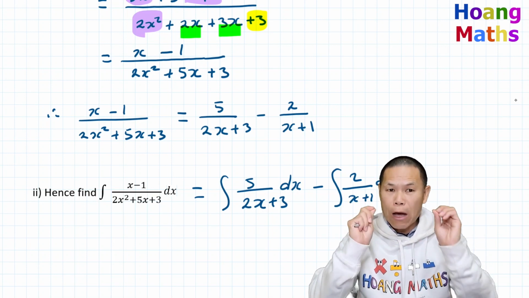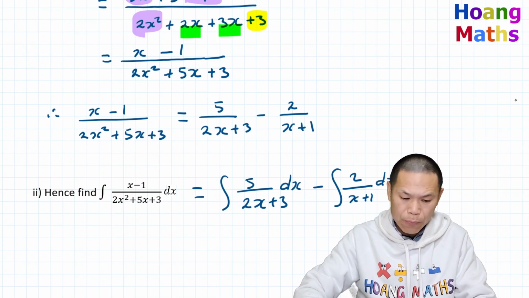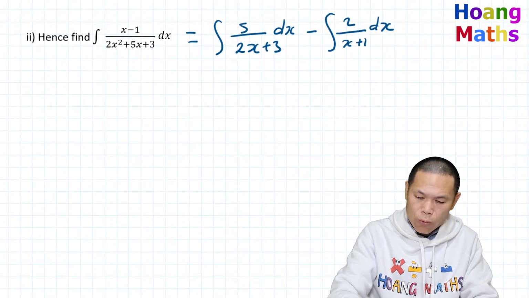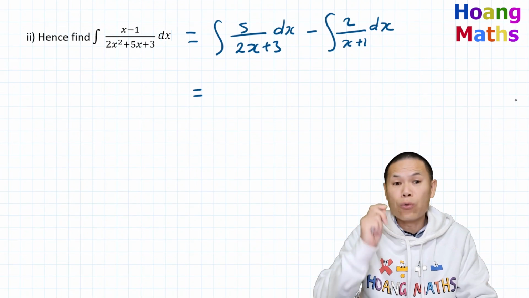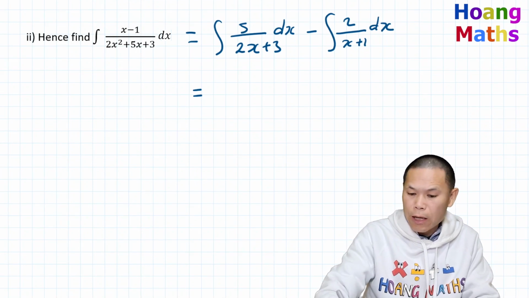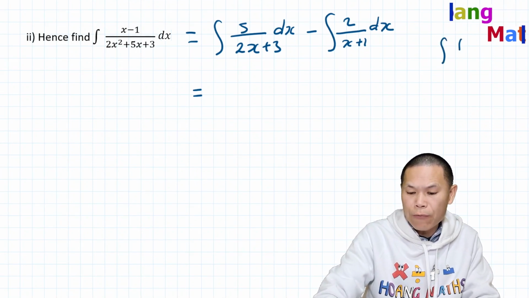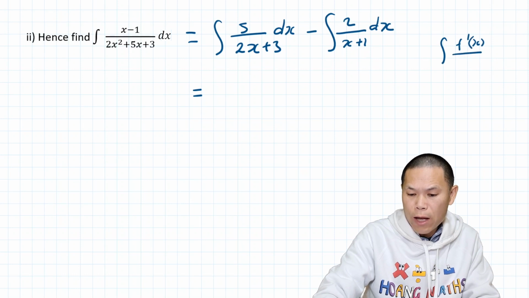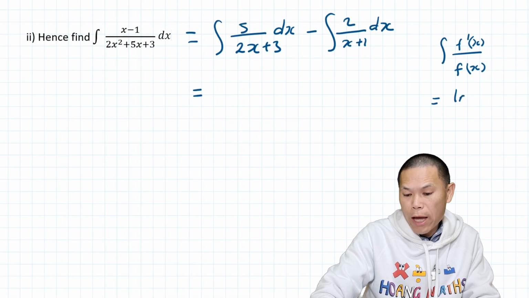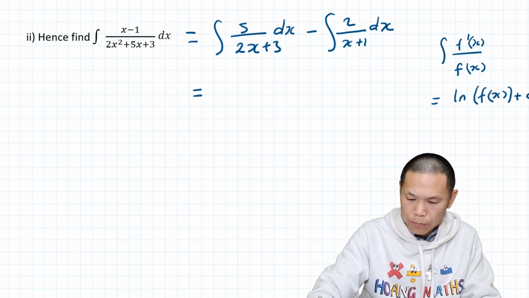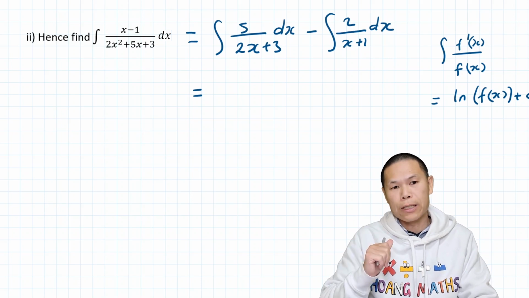So now I just integrate the right hand side. Remember, we know that the integral of f dash x over f of x gives ln of f of x, and we add a c, of course, because it is an indefinite integration.